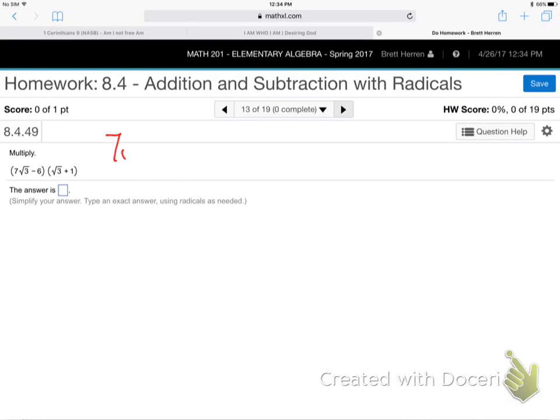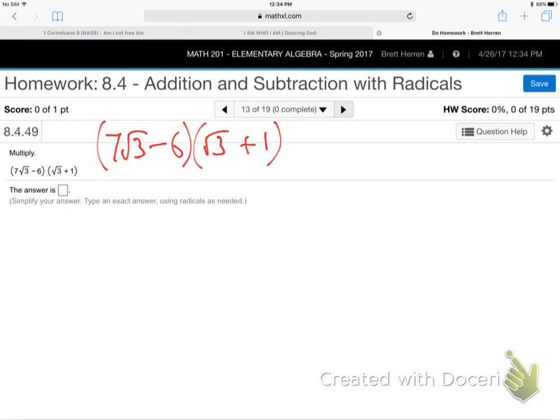Okay, so 7 root 3 minus 6 times root 3 plus 1. Keep the inside stuff with inside stuff, outside stuff with outside stuff, as you FOIL.